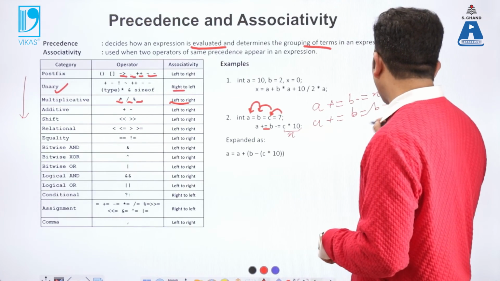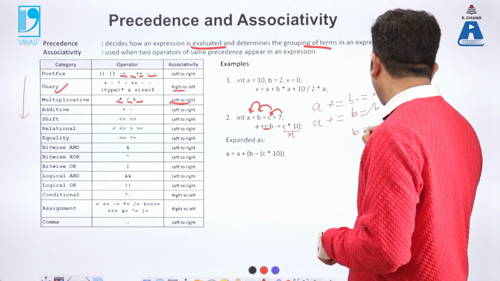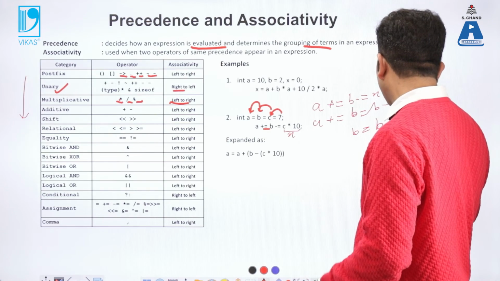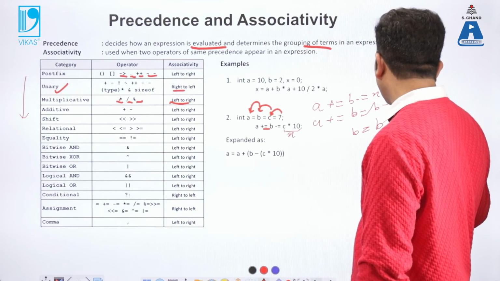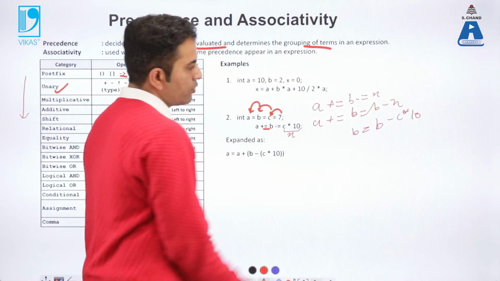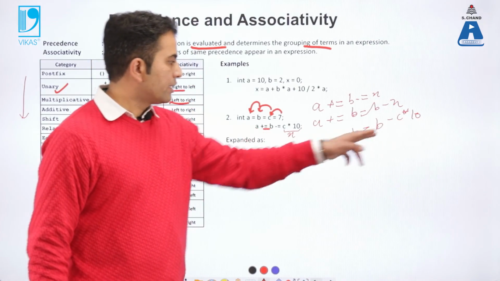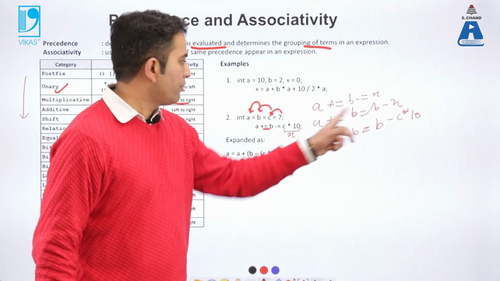The value of x is c star 10, so b equal to b minus c star 10. We have put the value of x here.